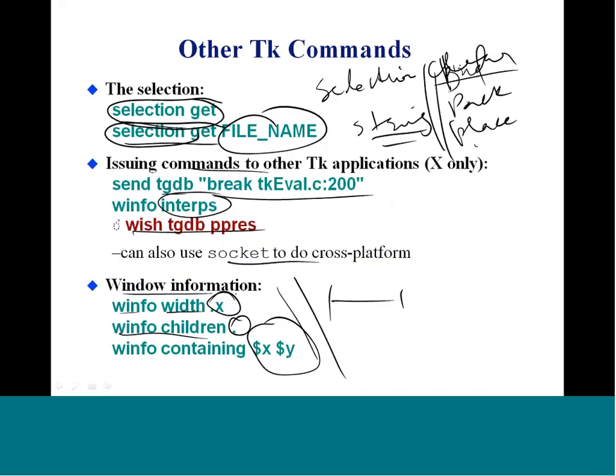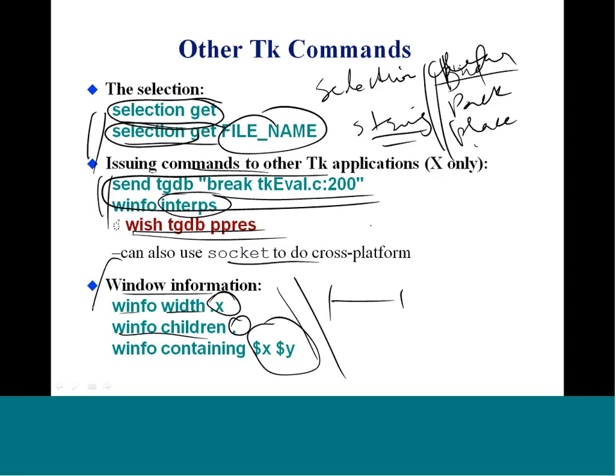And then we also saw some other TK commands like selection get, which gives a reliable event basically in the memory. And then when we want to issue commands to other TK applications, we set these two params and then run the command, and then it should be fine.